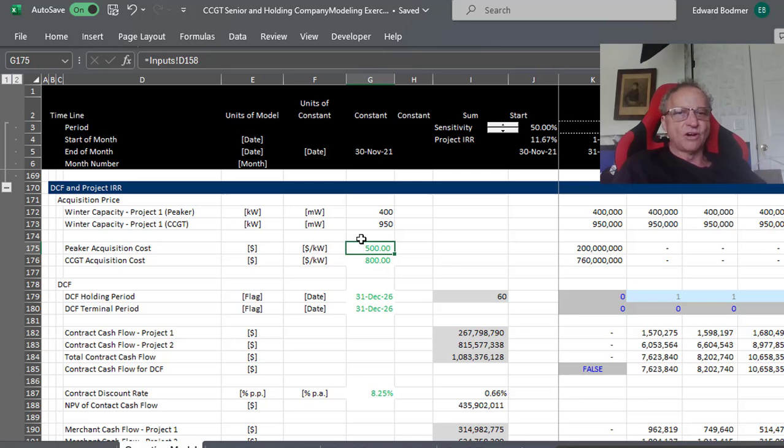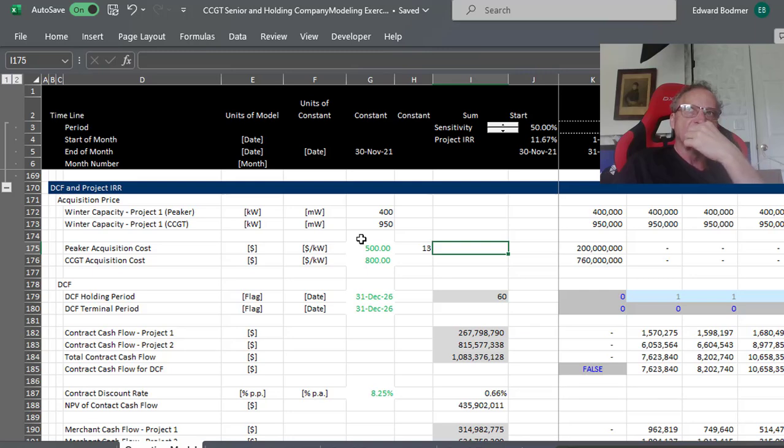Then they had the cost, excuse me, of the project. So there's 500 cost. If you're paying 120 in O&M and another, what was that, 5 in capex, it wasn't that much. Let's say you're paying 13 month by month in O&M, per month, not per year.